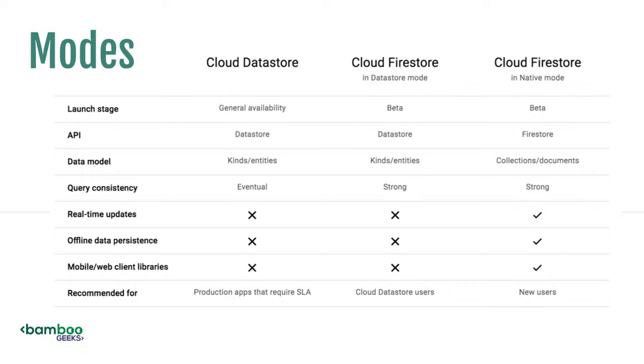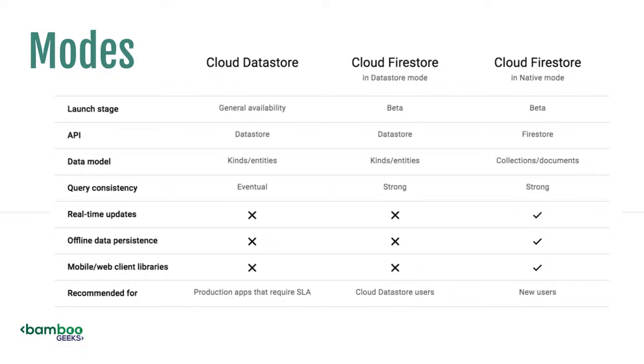So the idea behind Cloud Datastore is that it supports the key-value pair structure, or AKA the document model database, but it does not support real-time updates, does not support offline data persistence, and most importantly, it doesn't support mobile or web client libraries. So it's just like an object or cloud storage that helps us to store objects.